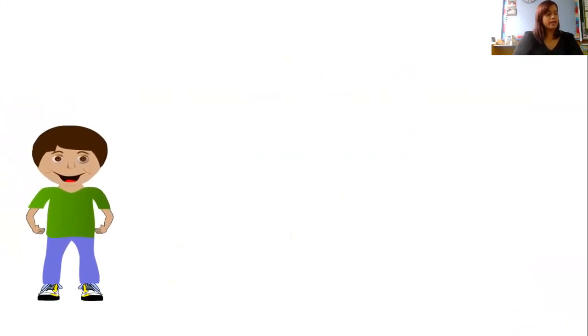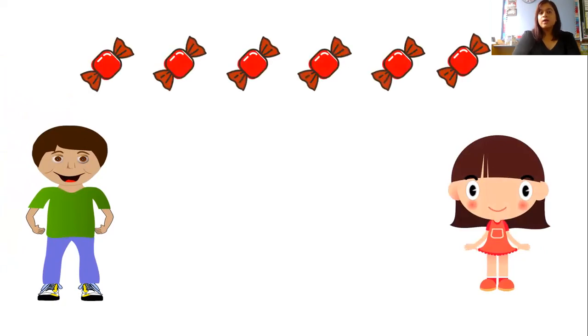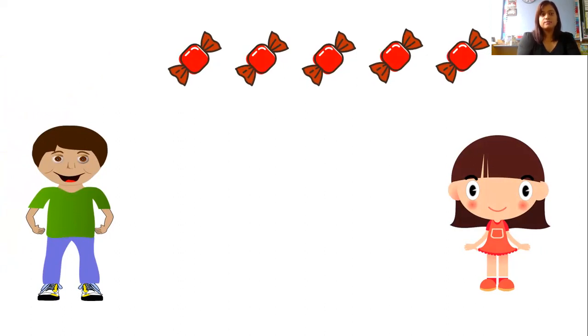Let's look at an example. Here is a boy, and here is a girl. Now I have 6 sweets to share. That means we are trying to work out what half of 6 is. So let's share the sweets.